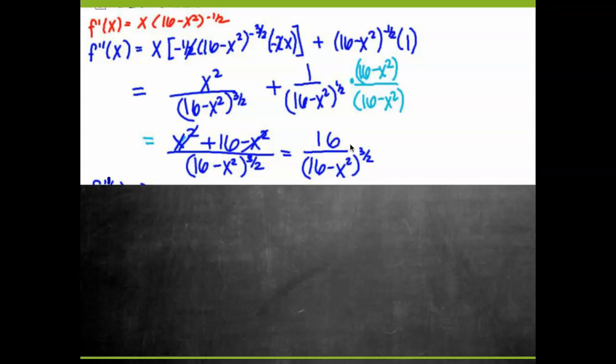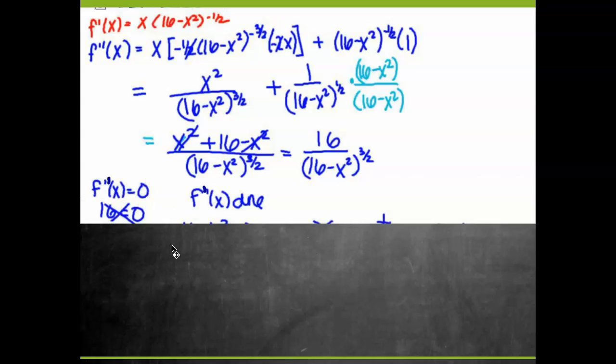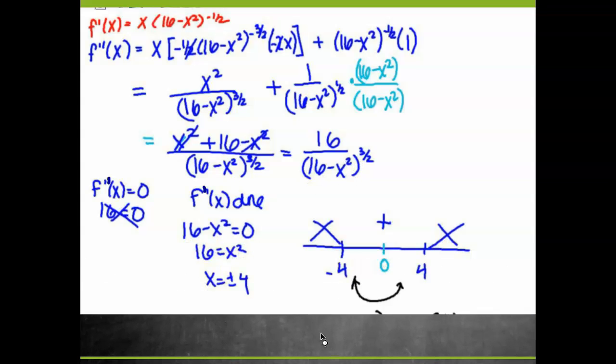Now, can 16 ever equal 0? No, because there's no variable there anymore. So f double prime of x can equal 0 nowhere, because 16 will never equal 0. The second derivative does not exist when the denominator equals 0, which is going to be at that same -4 and +4, which means I just need to find the sign between them.